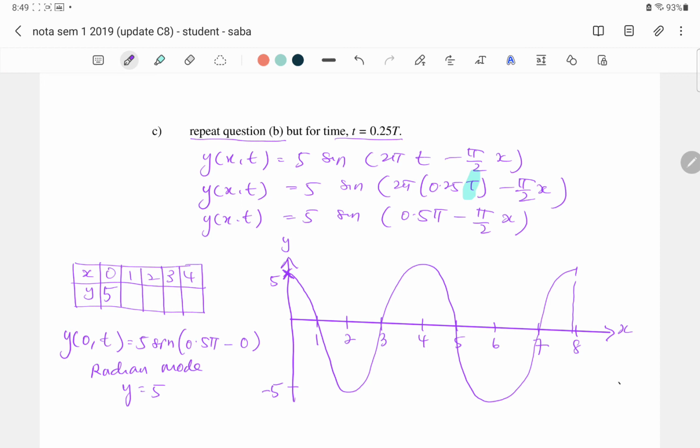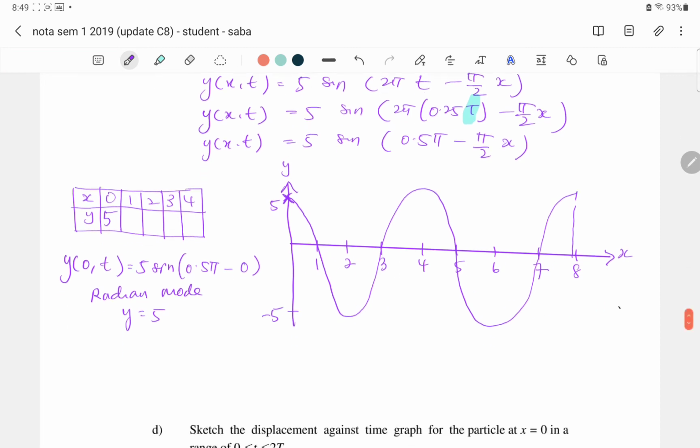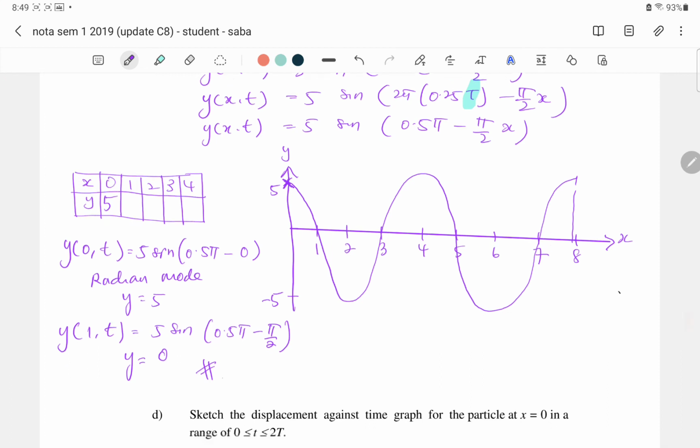Kalau nak gantikan sekali lagi pun boleh. Okay, kita ada y1 t equal to 5 sine 0.5 pi minus pi over 2. Okay, so y kat sini you akan dapat 0. Boleh cuba nanti buat sendiri.